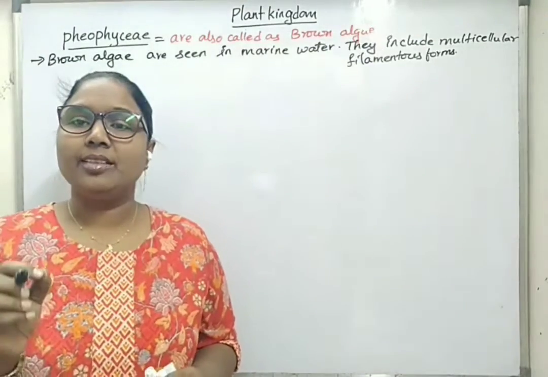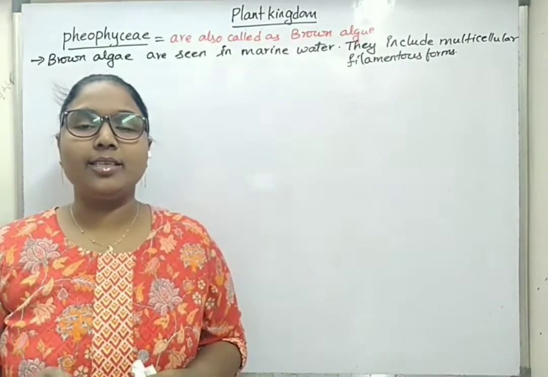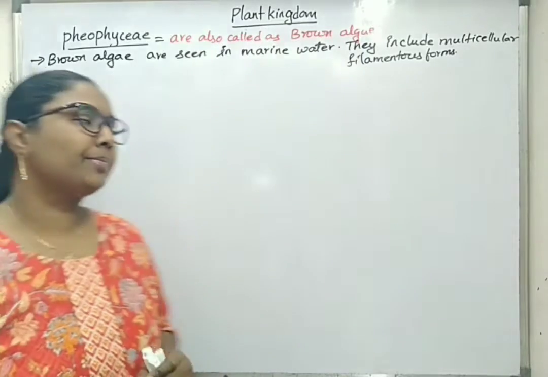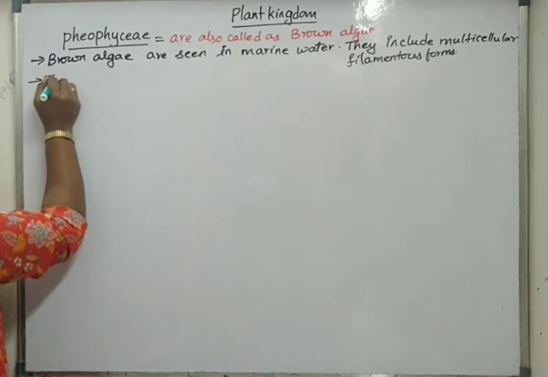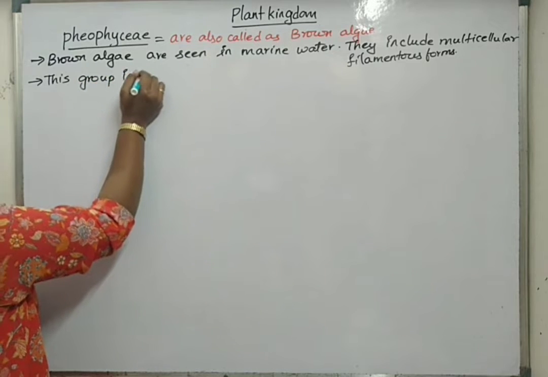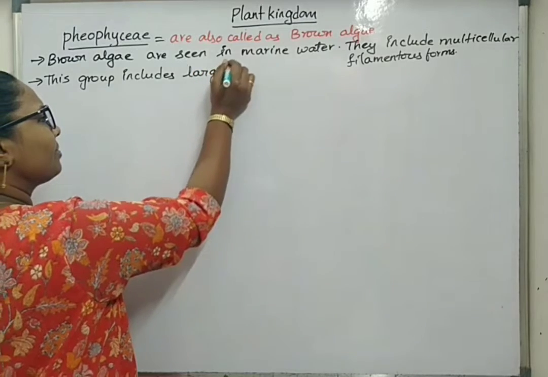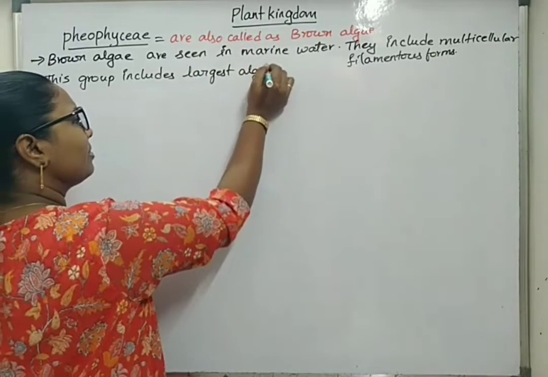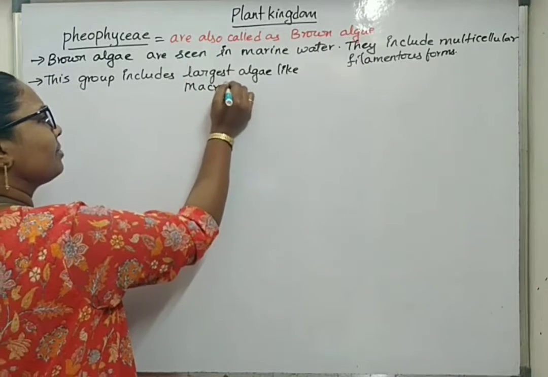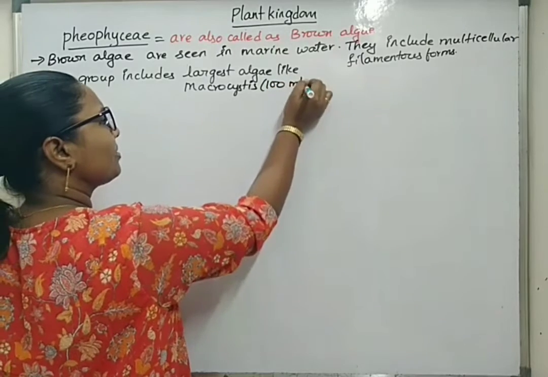Phaeophycy members include the largest algae, that is Macrocystis, and also other algae, that is Laminaria, which is also called as kelps. This group includes largest algae like Macrocystis, which ranges about 100 meters.